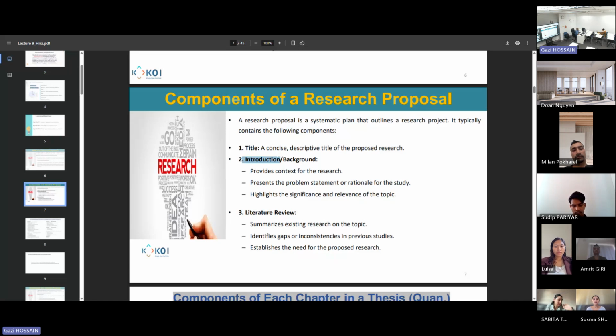For example, if we conduct our research on the commercial banking industry in Australia, we need to provide some background of the commercial banking industry in Australia. Or if we conduct our research on the hospitality industry in the Australian context, we'll be providing that background.